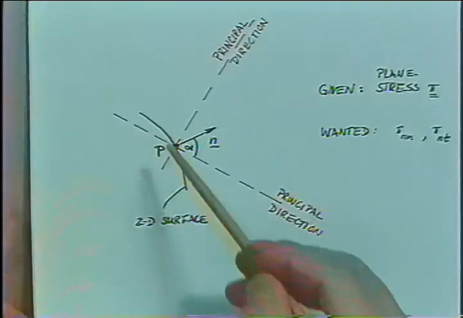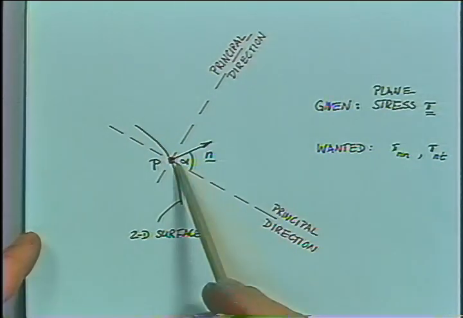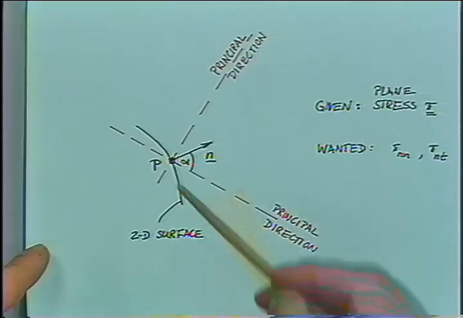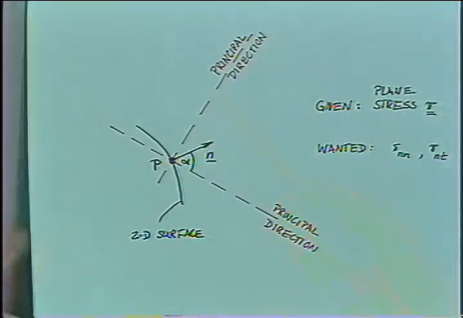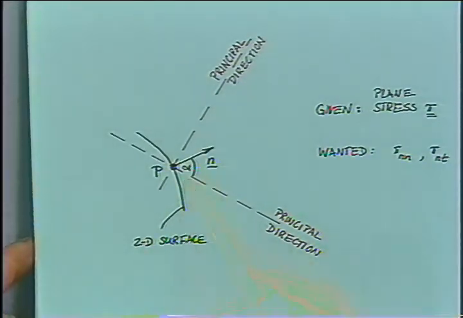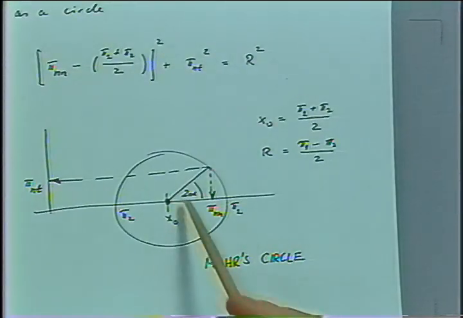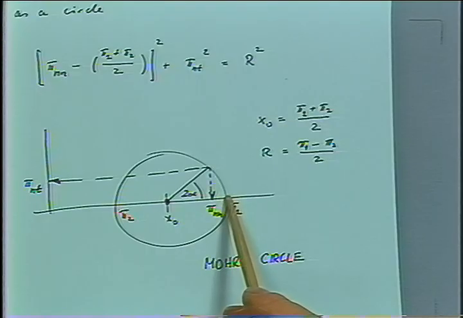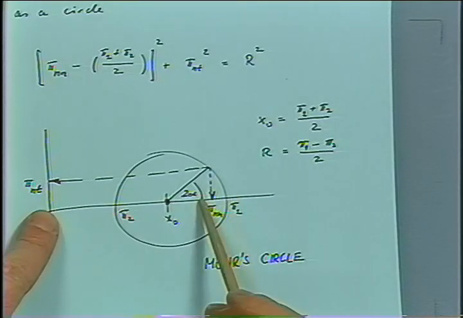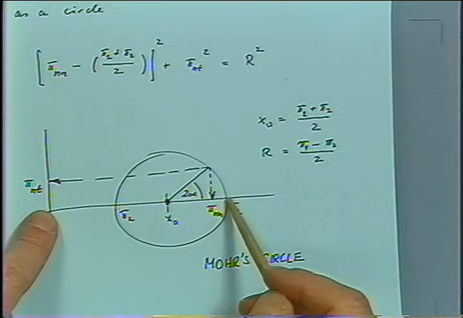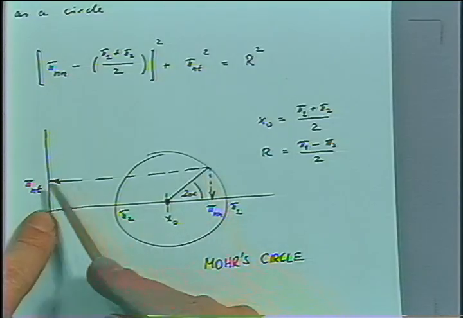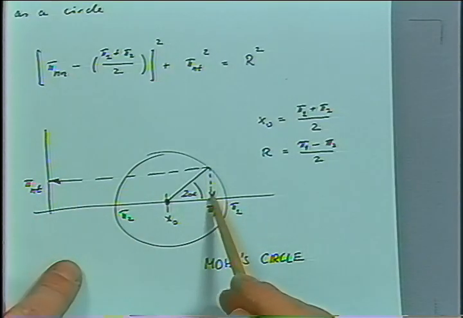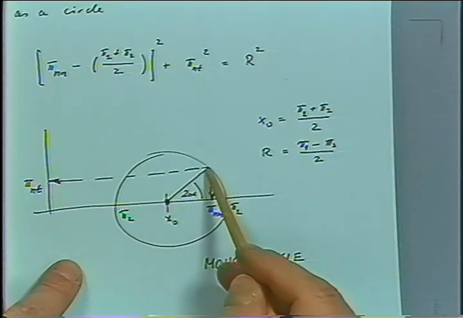Here, we're talking about this plane, and we had a principal stress in one direction and a principal stress in the other direction. So as alpha goes to 0, our normal stress is equal to this value, and the shear stress is equal to 0. As alpha increases, we have a smaller normal stress on the surface, and a shear stress is appearing. So we always can read off the normal stress and the shear stress on this graphic.